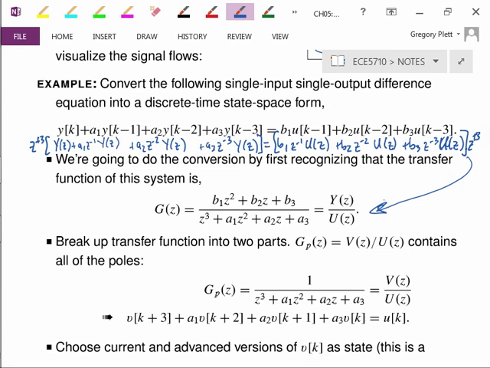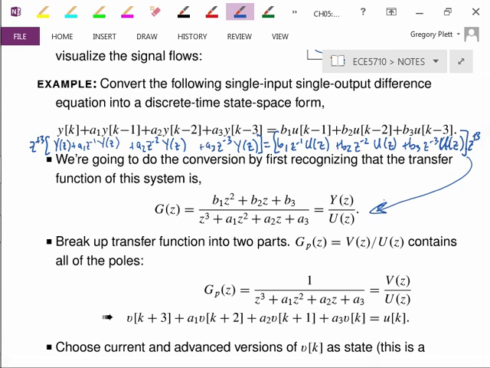Once I have this transfer function, the numerator part of the transfer function has what we call the zeros of the system if I factor it. The denominator has what we call the poles of the system if I factor it.